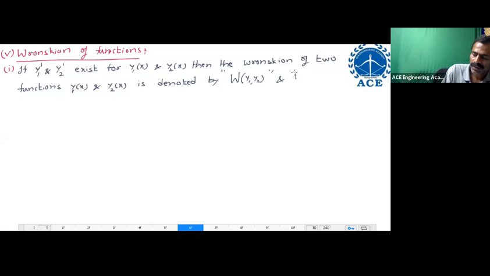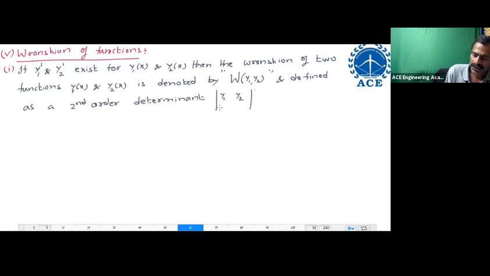and defined as a second order determinant. Within the second order determinant, along the first row, the same functions y1, y2.